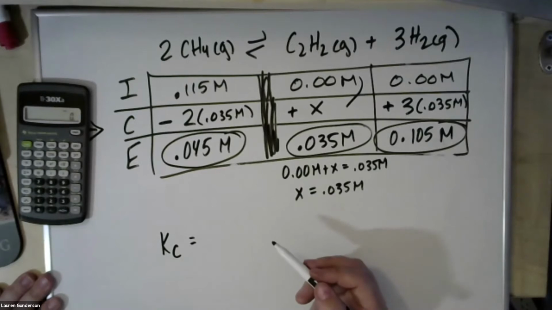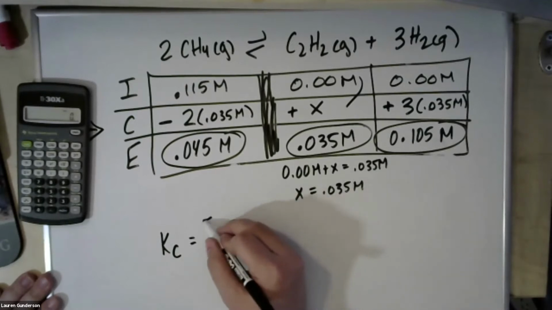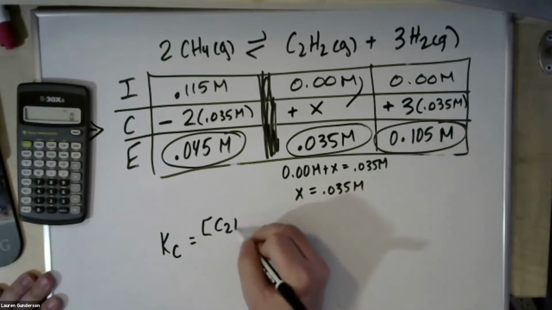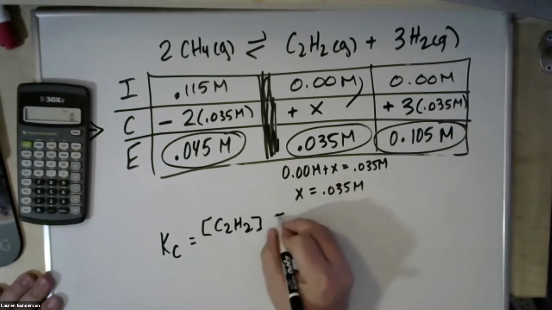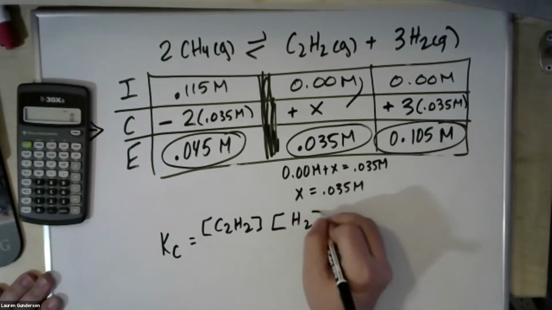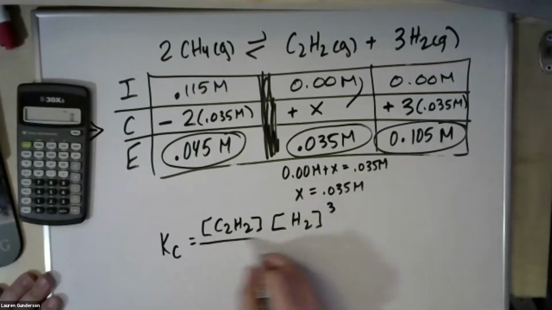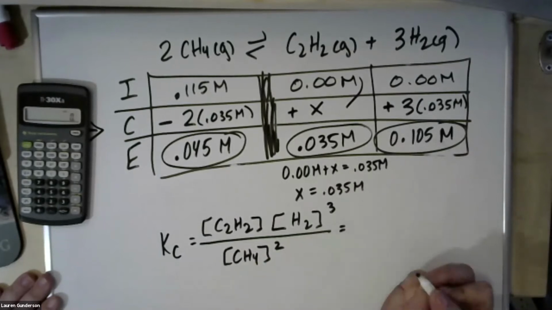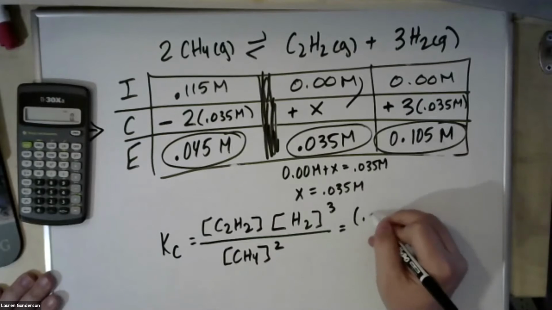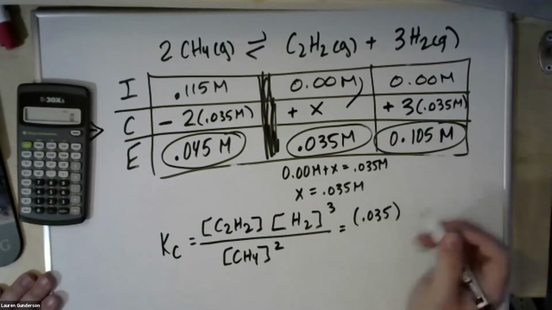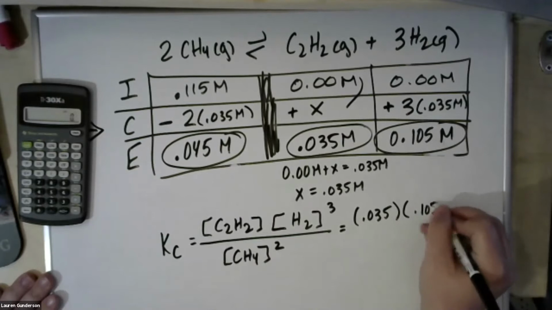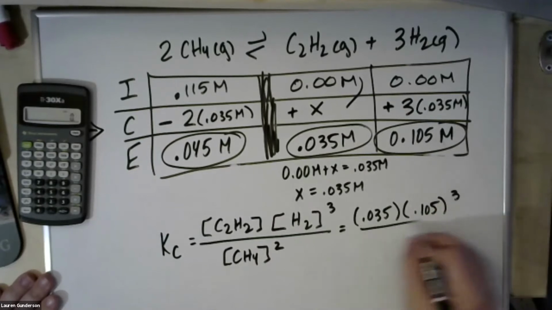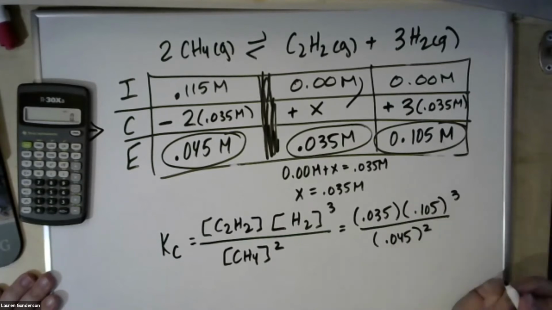Let's write out our Kc expression first. Products over the reactants raised to the coefficients. We have C2H2 times H2 raised to the third, divided by CH4 raised to the second. Now we can plug in the numbers. 0.035 times 0.105 raised to the third, divided by 0.045 squared.